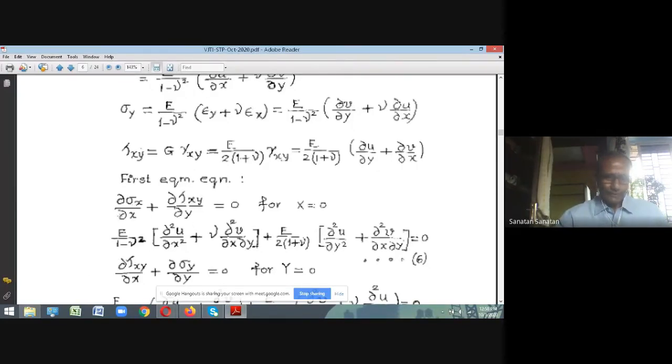The first equation is delta sigma x delta x plus delta tau xy delta y equal to 0. For the moment, let's consider that capital X is 0 and capital Y is 0.